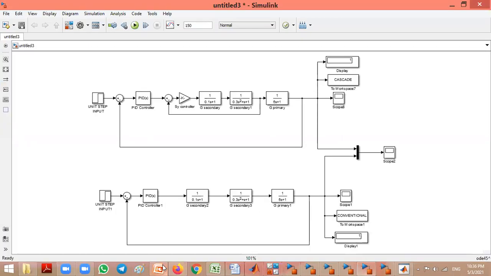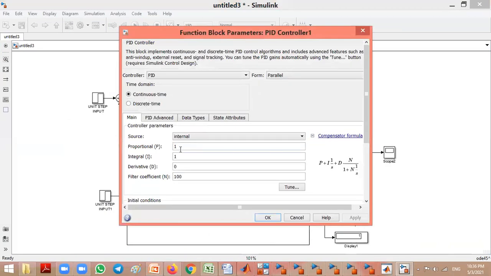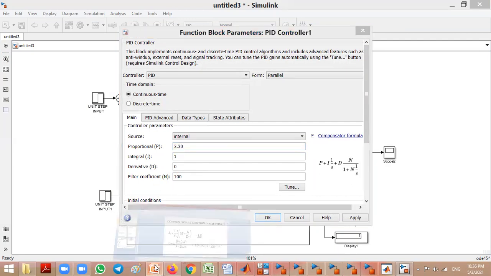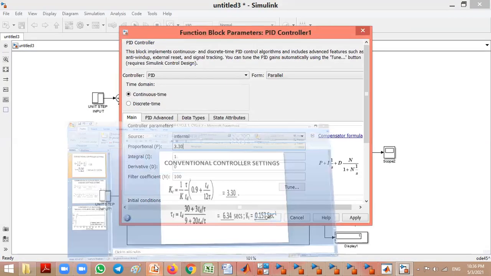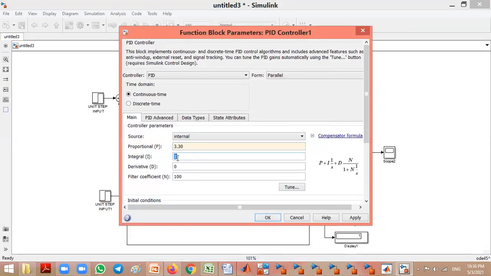Okay, what are the values you have got? So 3.30 and 0.157. So in this PID you give 3.30 and, what is the value? 0.157 integral.